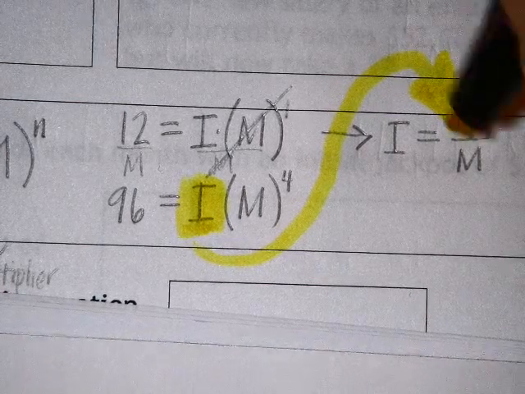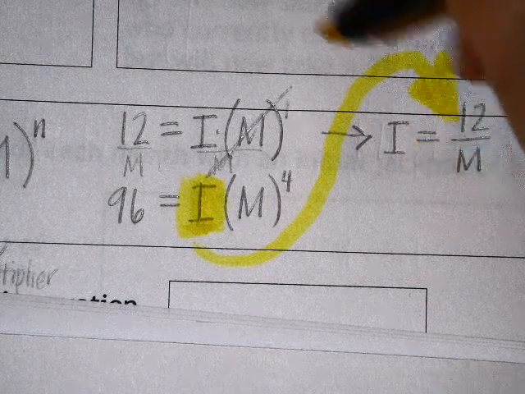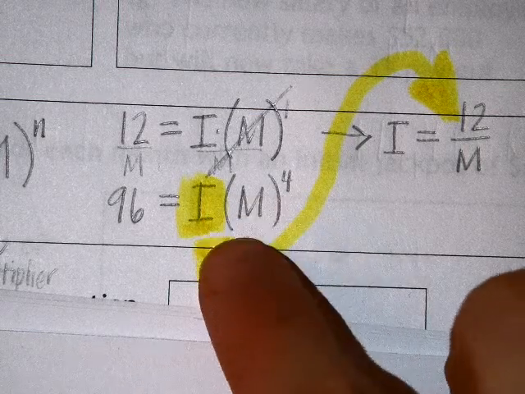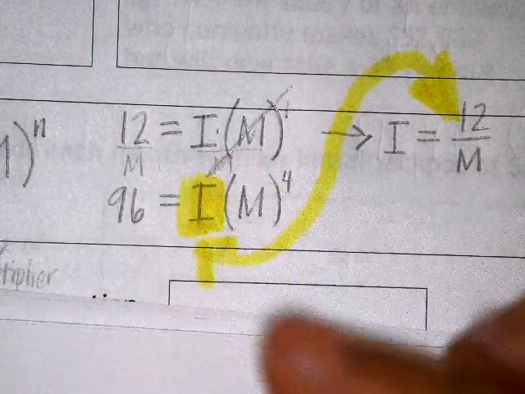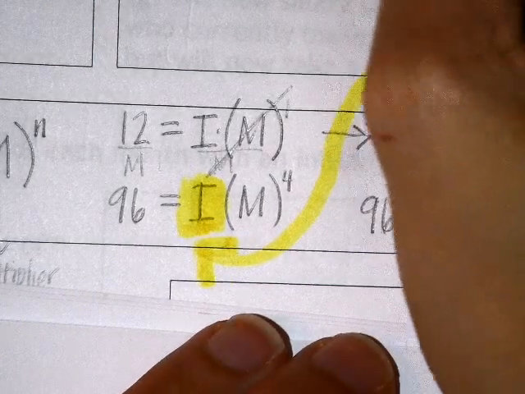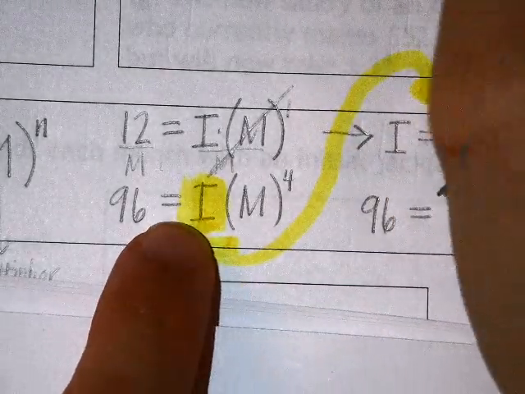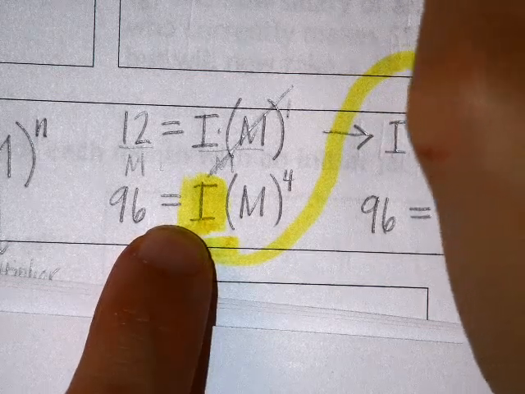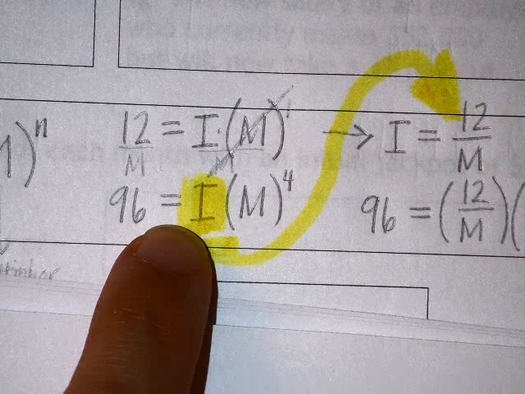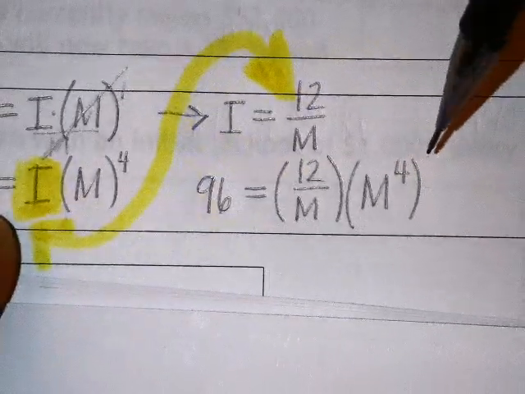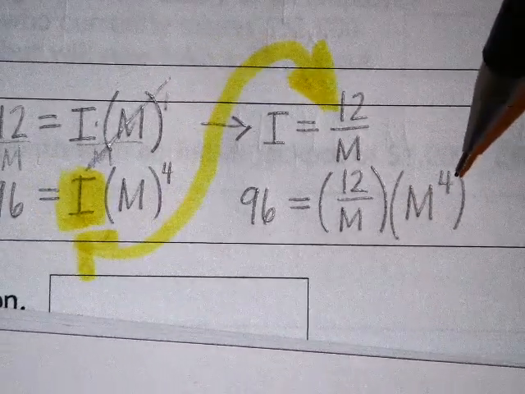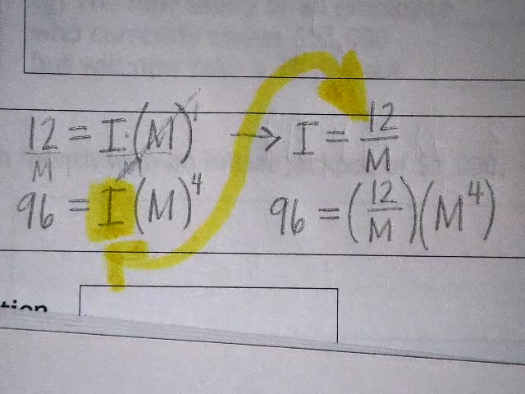I want to take this 12 over m, the part that I just got from my first equation, and I want to substitute it into the bottom equation, the one I couldn't even touch, instead of the letter I. So the bottom equation is now going to say 96 equals, instead of the letter I have 12 over m, and then in the parentheses I still have m to the power of 4. Now you'll notice I moved the power of 4 into the parentheses. It doesn't really matter whether the power of 4 is inside or outside. You can put it wherever you'd like.